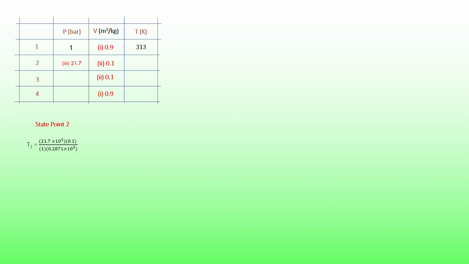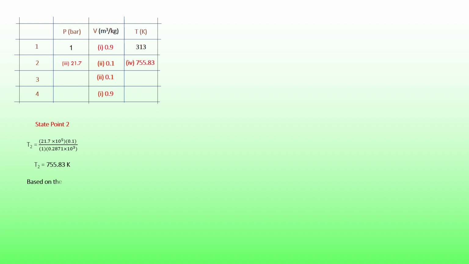There's a mistake again. I have already considered the mass as 1 kg, so actually you don't have to consider mass of 1 kg because the volume is given already in meter cube per kg. So you find that the absolute temperature at point 2 is 755.83 Kelvin. That is your T2.